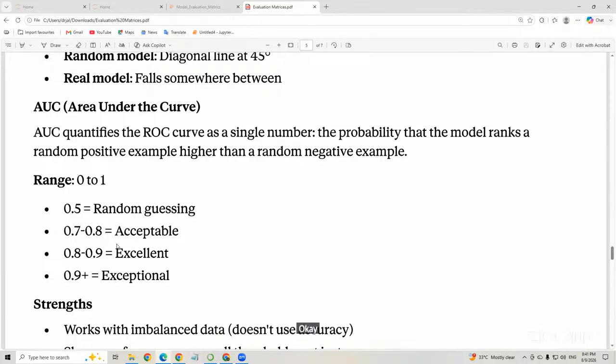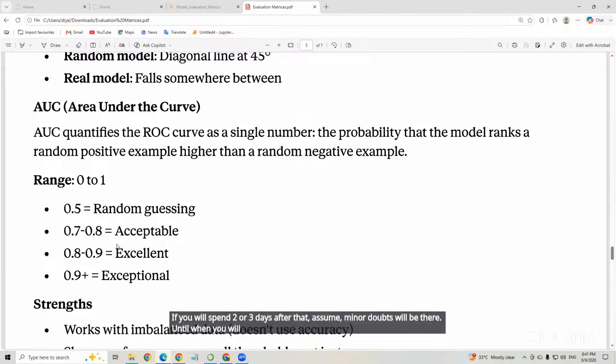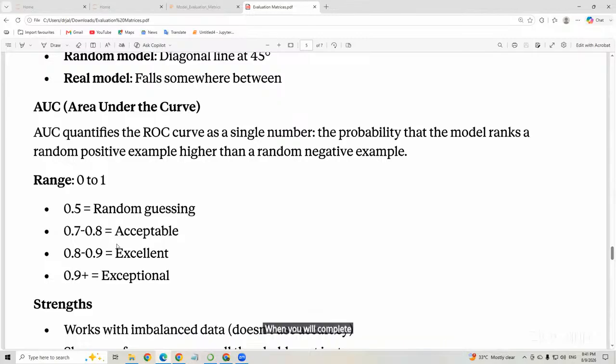Okay, the second time you read, some doubts will still be there. If you spend 2 or 3 days, after that also minor doubts will be there, until you implement it for a real data set, and as I told you in the beginning, when you complete 2 or 3 models.